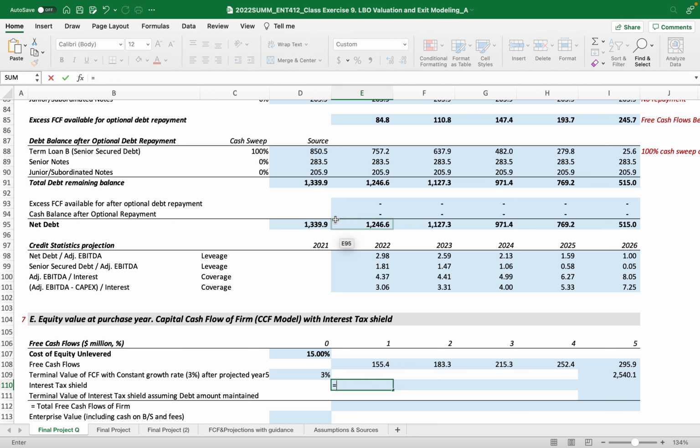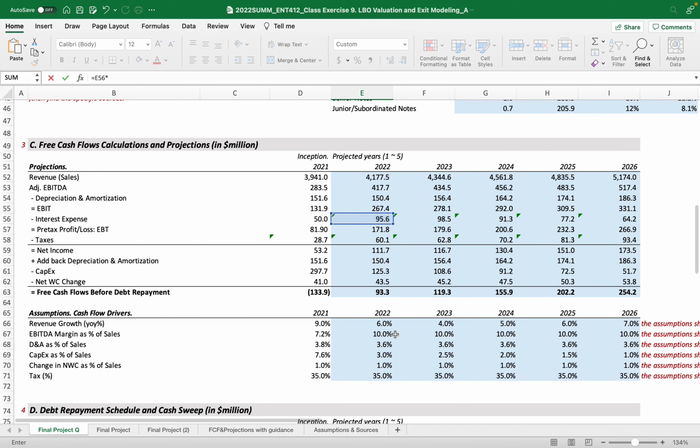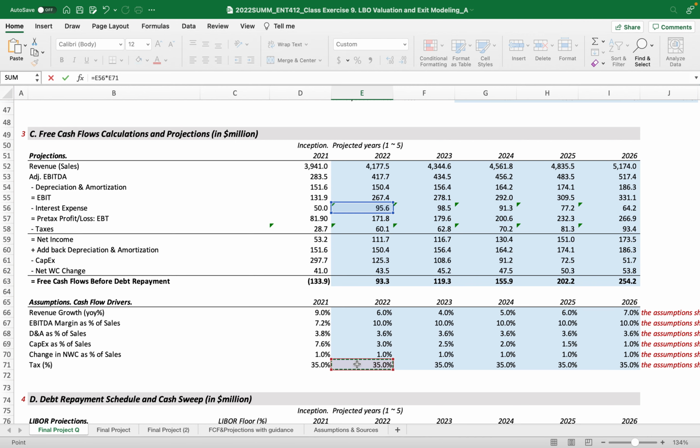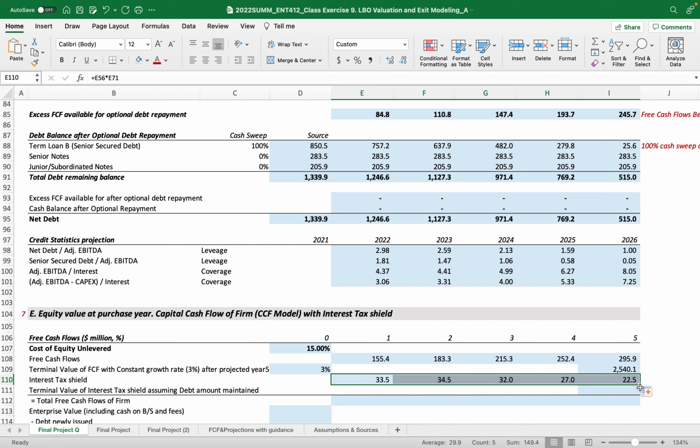The interest tax shield is the interest expense times the tax rate. By this amount we can reduce the tax. That's why this is a benefit, right? This interest expense is also part of the benefit to the equity holders, right? Again, what is the interest tax shield? We get the benefit by reducing the tax payment by the amount of this interest tax shield, right?